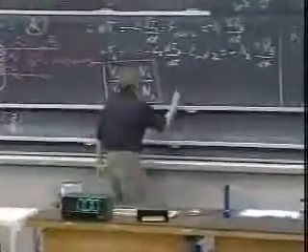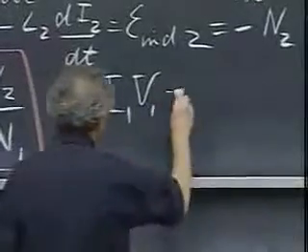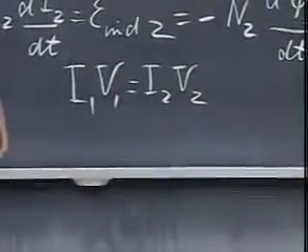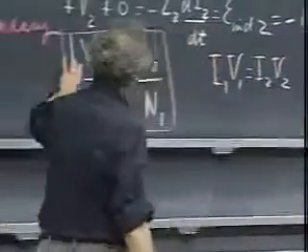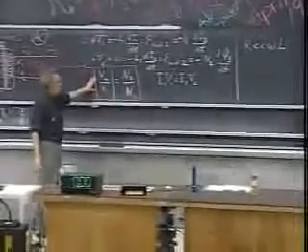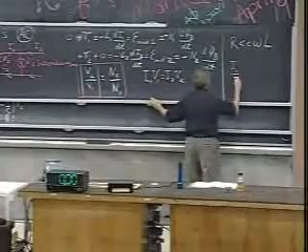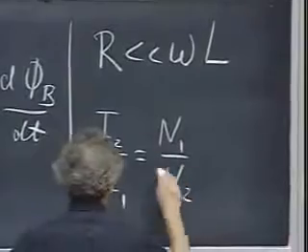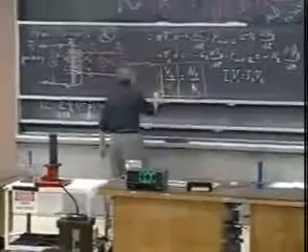And if that is true, if the power delivered on the primary side, which is I1 V1, is the same as the power consumed on the secondary side, then that must be I2 V2. But if this is true, which is only under those conditions, and this is also correct, then of course you'll find now that I2 divided by I1 is N1 divided by N2. And let's put here magnitudes again, so that we're not worried about possible minus signs.